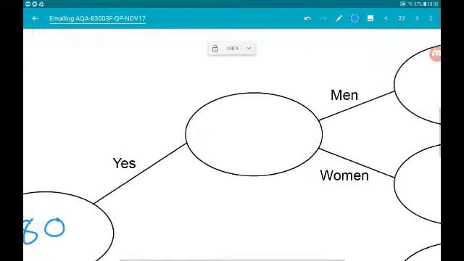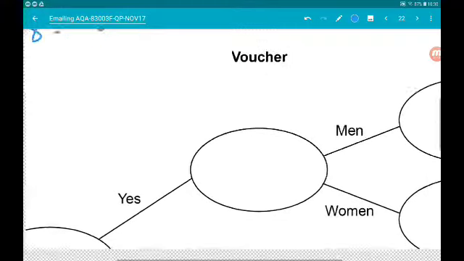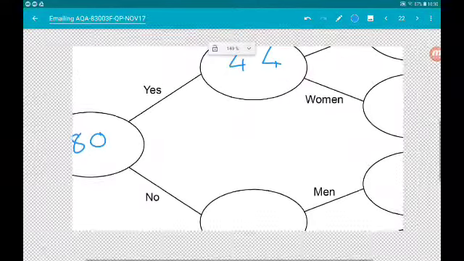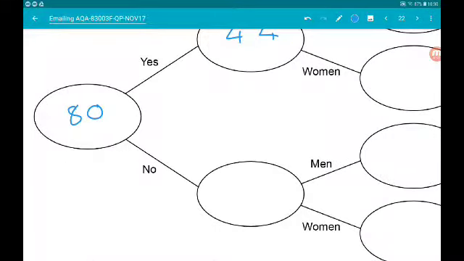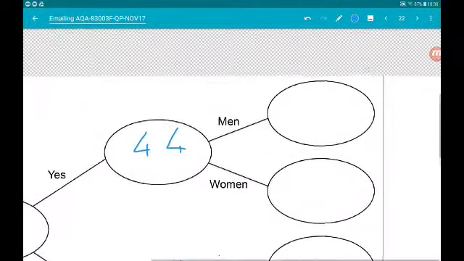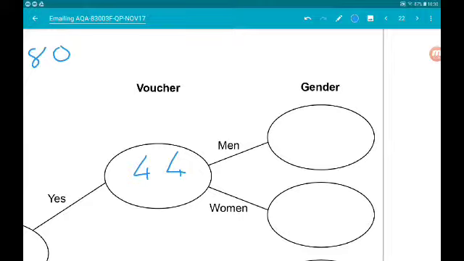So we got voucher up here, yes, so 44 go there, which means that down here 80 minus 44 do not have a voucher, so that's 36. Okay, then over here we've got the gender.